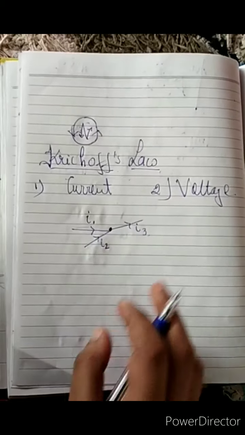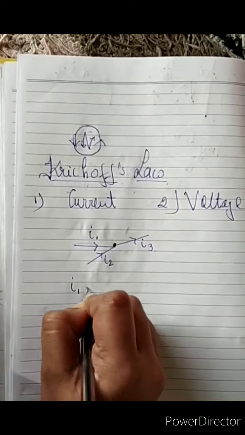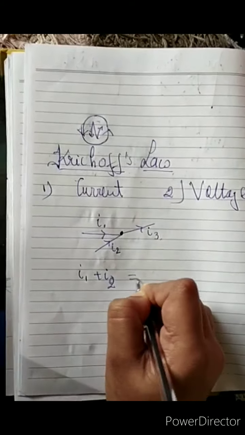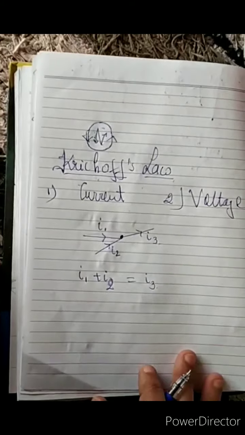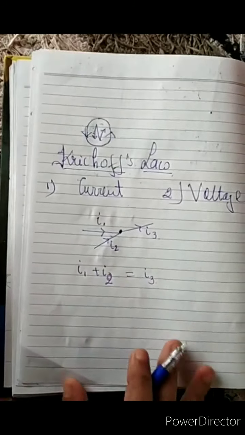What does this imply? It implies that I1 plus I2 must equal I3. This is the current law, meaning whatever is coming in has to go out.